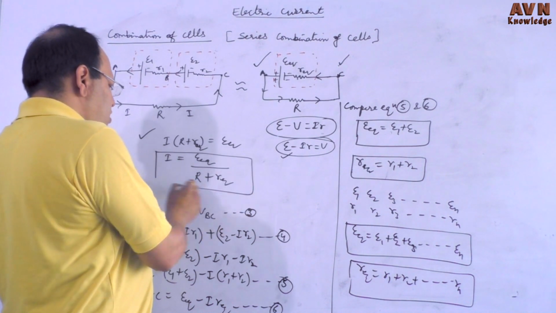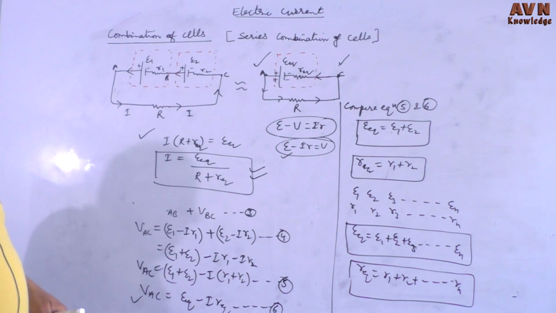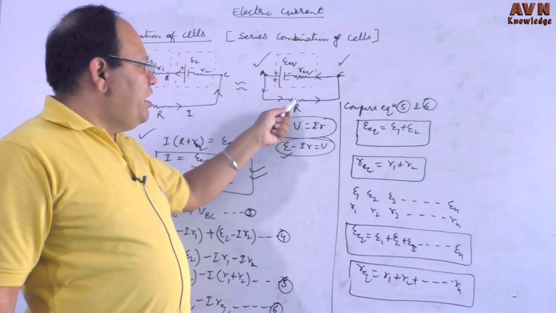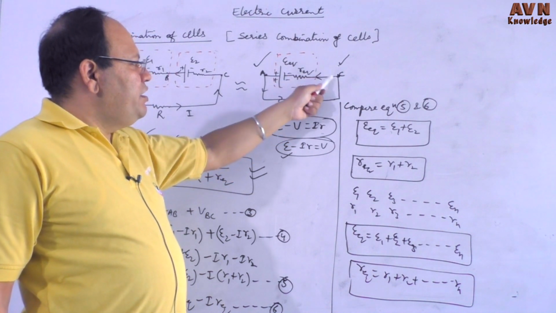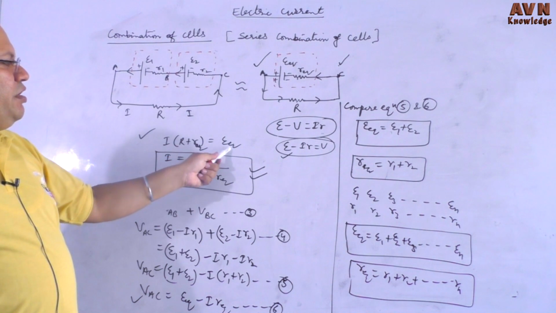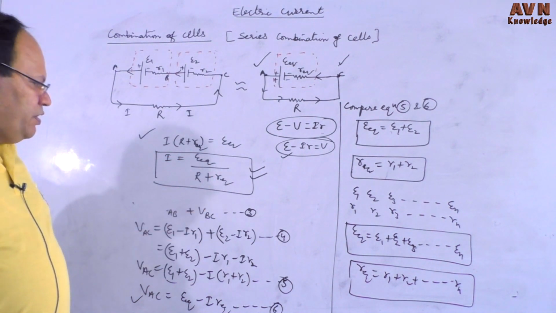This is the current in this equivalent circuit diagram. So I equals E equivalent upon R plus R equivalent.